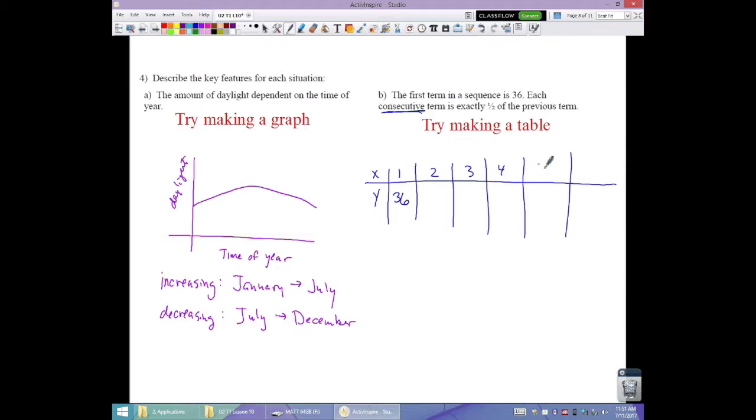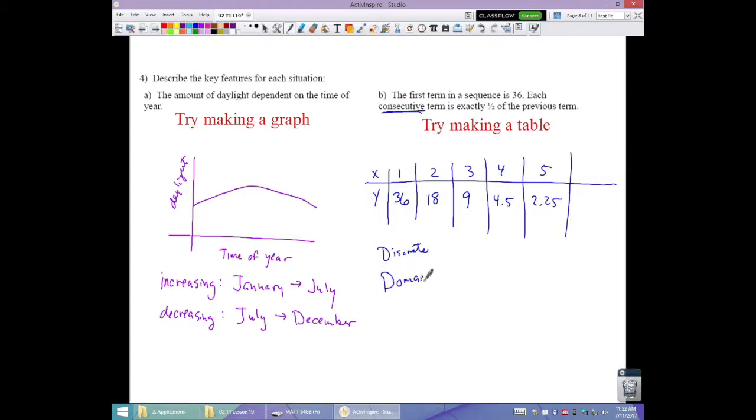So if I took this out, my second term would be 18, the next one will be 9, 4.5, 2.25, and so on. We could say this is definitely a discrete function. There would not be a term numbered 1.5. I would not use any of the numbers between 36 and 18.